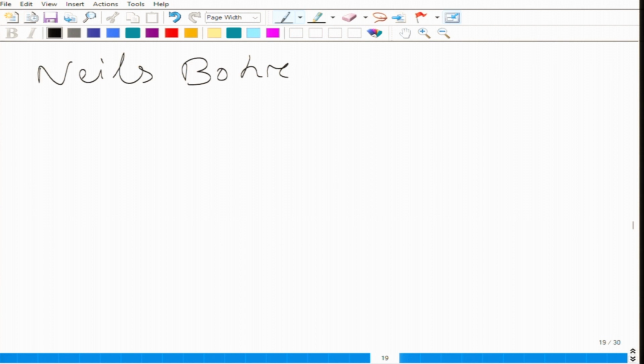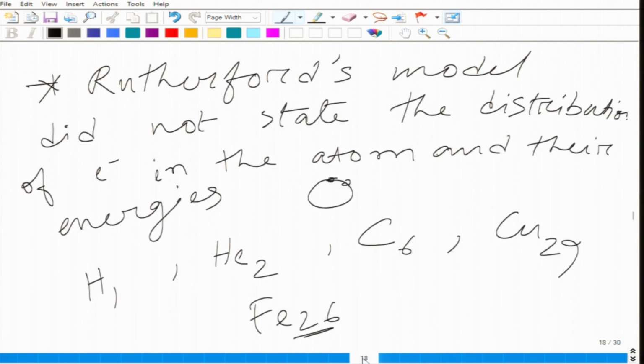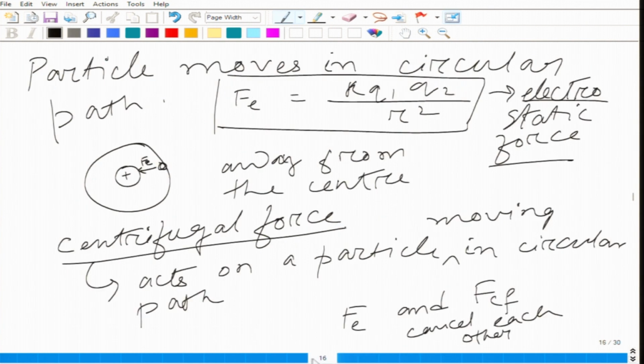So Niels Bohr modified the Rutherford's model. Okay.